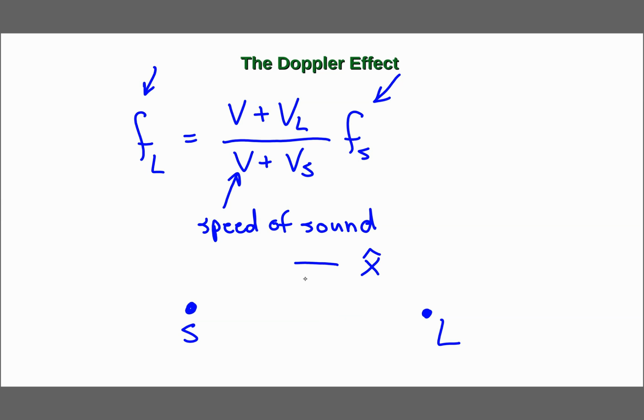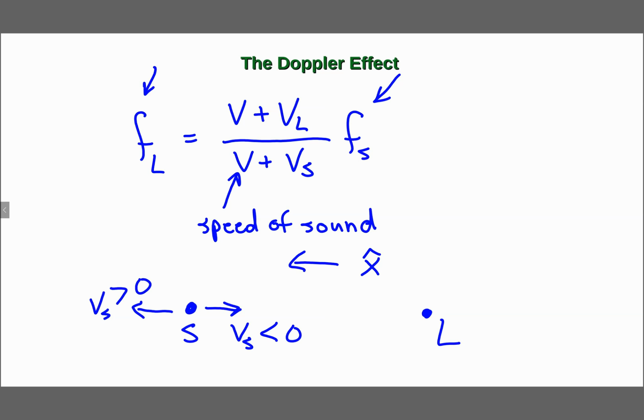From the listener to the source. So if the source is moving toward the listener, then this Vs is negative, right? Less than 0. If the source is moving away from the listener, then Vs is positive, okay?